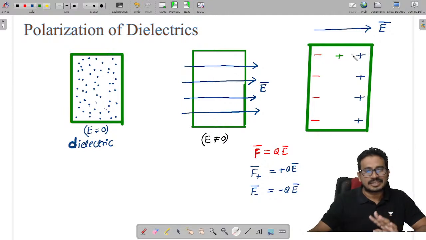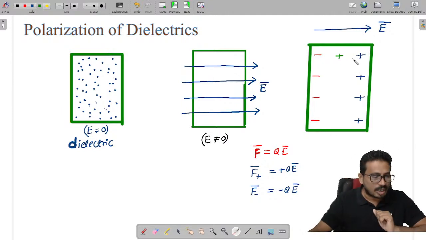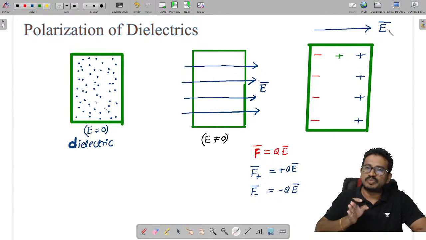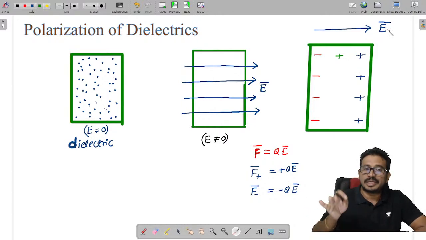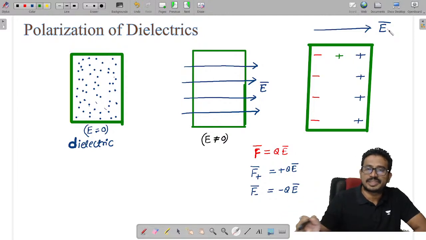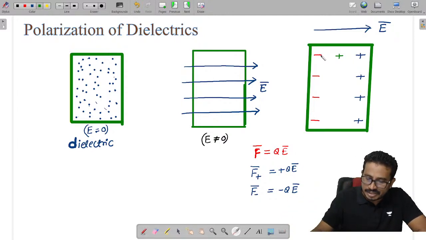So as a result, this positive charge, because of the effect of this electric field, will try to move, but the already existing positive charge will repel it. In addition, here we have a negative charge, and this negative charge will attract this positive charge.